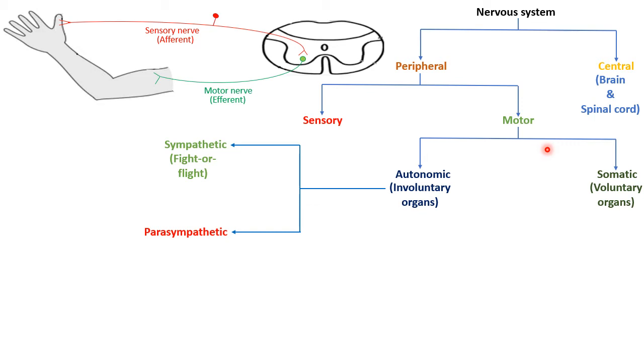The sympathetic nervous system is also called the fight or flight nervous system, because this is the system that is more active or predominant, taking the upper hand, when you are in a fight, when you are doing exercise, or during stress.